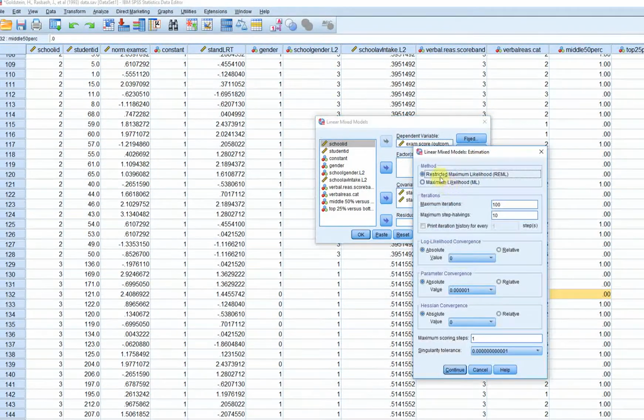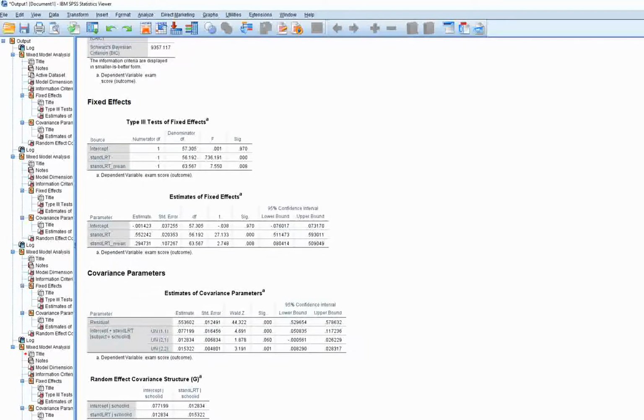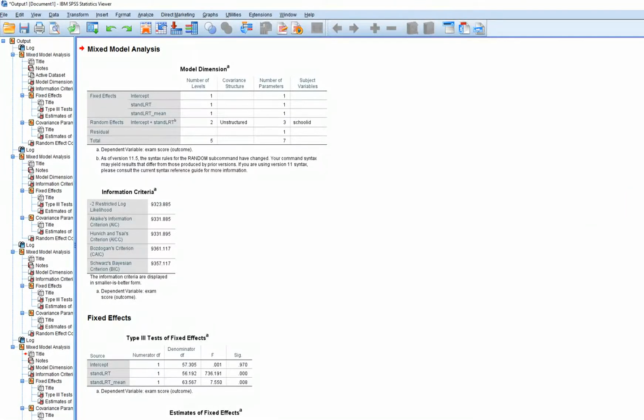We're going to leave our estimation method as it was before, statistics as before, and we'll click on OK. And so now you can see that we've added in for the random effects, this is the mu 0j, this is the mu 1j. And because we've asked for a covariance structure that's unstructured, we now are estimating 3 parameters.